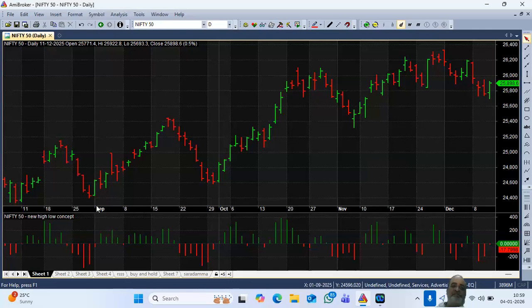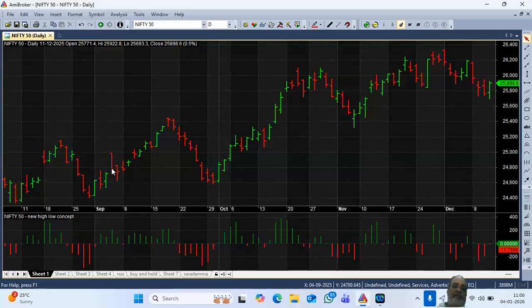This is a key bar. This bar low was not breached here, though this bar made a low almost at the same level or somewhat lower compared to this bar's low. But here the close is very near to the high. That is the good point.